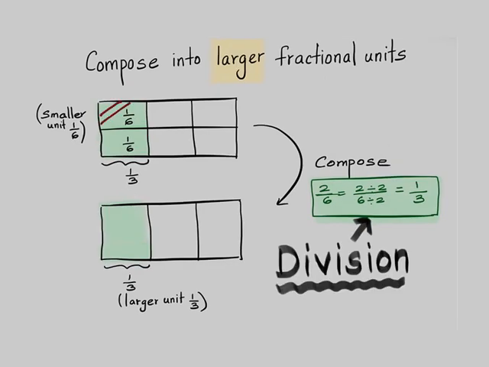So these are smaller fractional units, and if we want to compose the whole thing into a larger fractional unit, we have to divide. So when you divide 2/6 by 2, you get a larger fractional unit, 1/3.